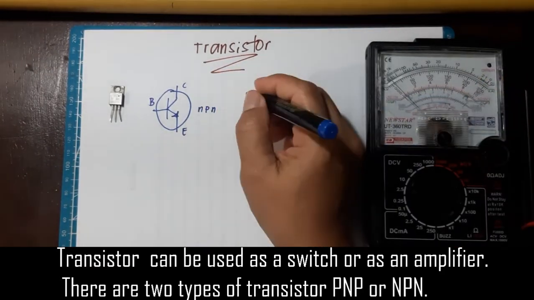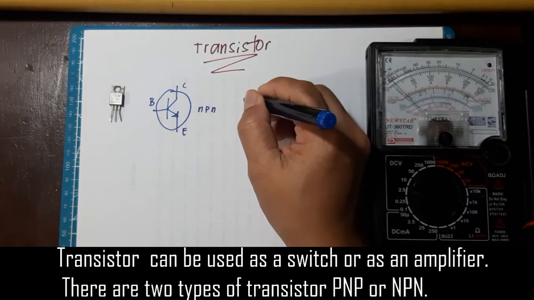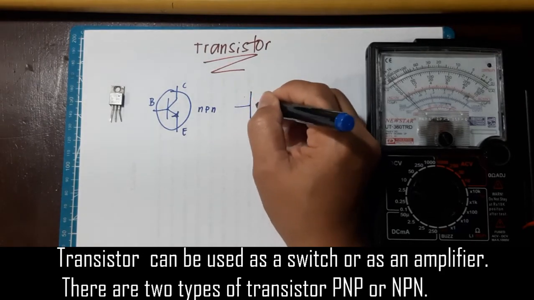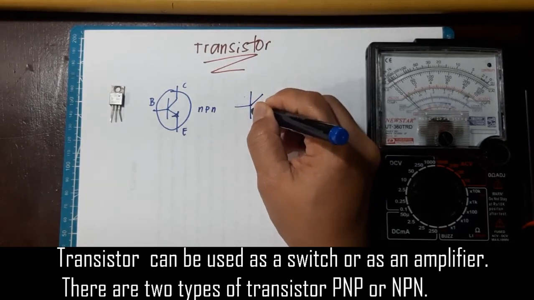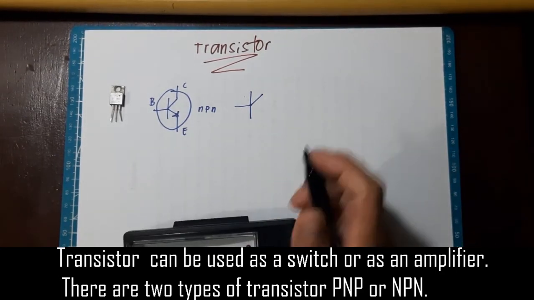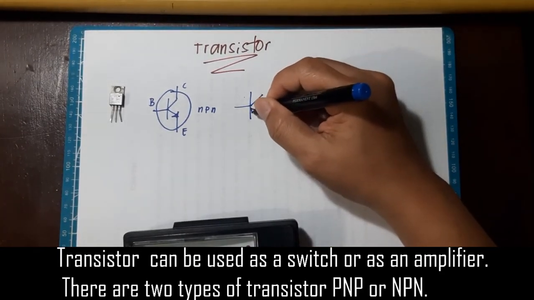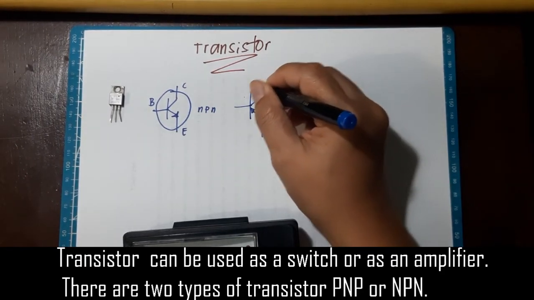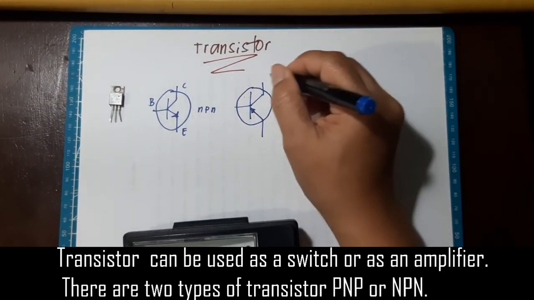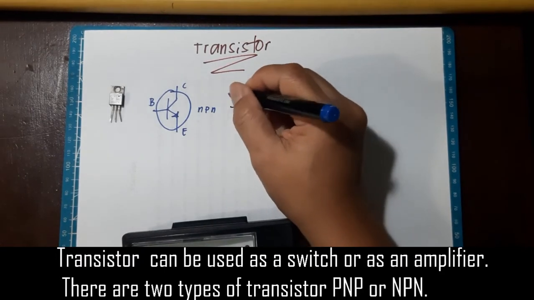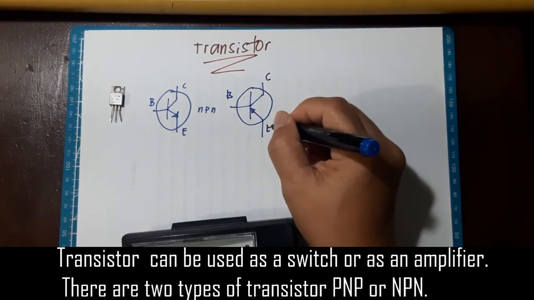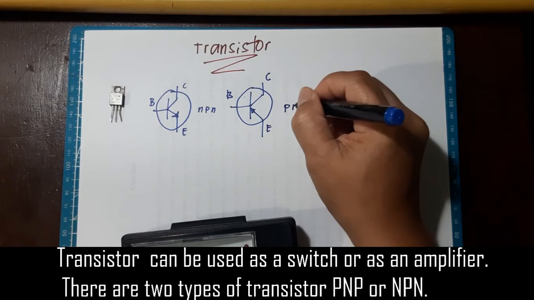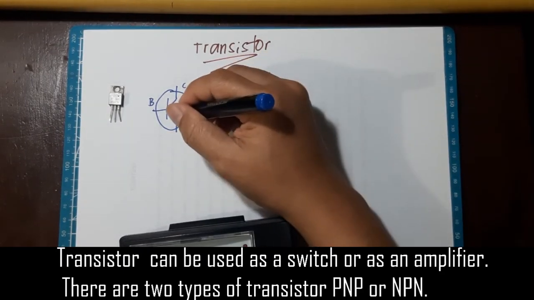For PNP, collector, base, and emitter. So this is P and P.